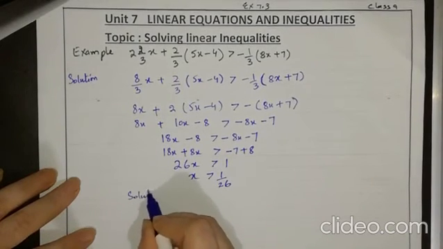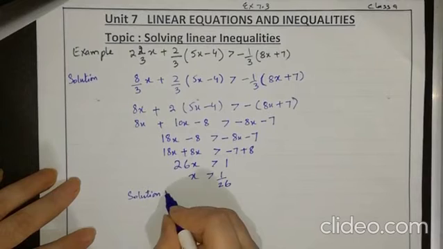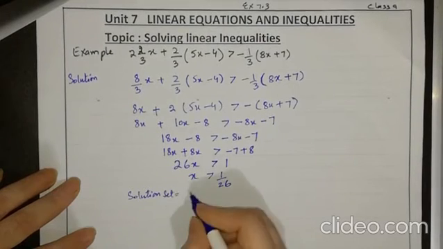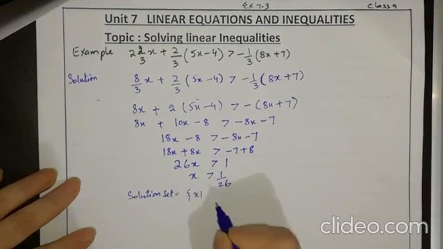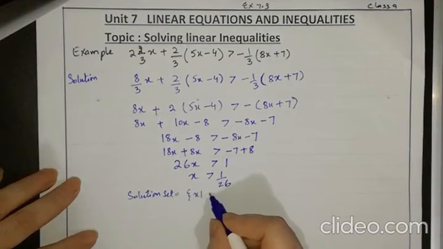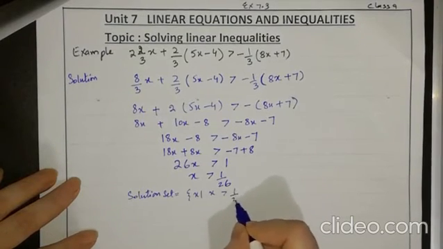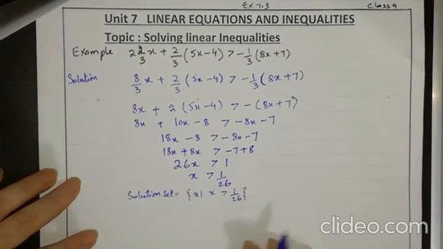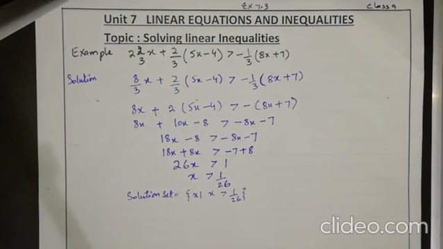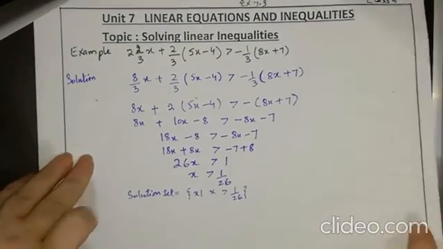So our solution set is, again we are writing in set builder form, simply x such that x is greater than 1 by 26. So all the values which are greater than 1 by 26 are the solution of the inequation.